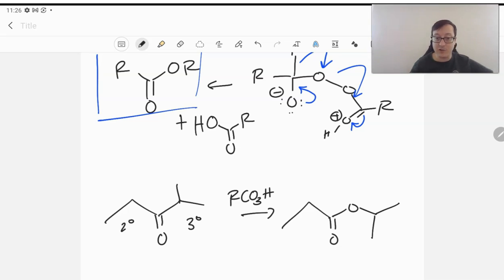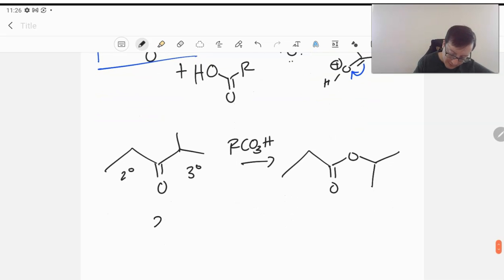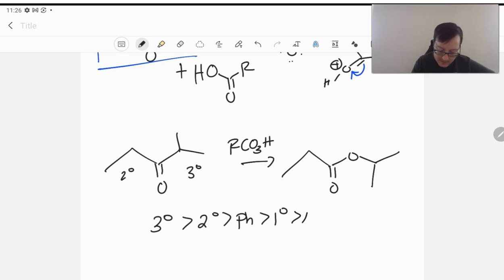And we can establish a trend here. A tertiary carbon will migrate more easily than a secondary, which migrates more easily than phenyl, which migrates more easily than methyl, which migrates more easily than primary carbons. So that's the preference for oxidation if you have an asymmetrical ketone. You'll always oxidize the side that follows this trend. The tertiary one will be preferentially oxidized over a secondary or anything else. A secondary will prefer to be oxidized over a primary carbon, and so on and so forth.